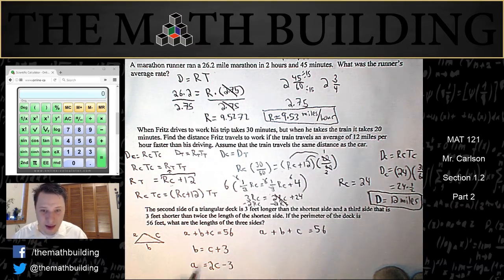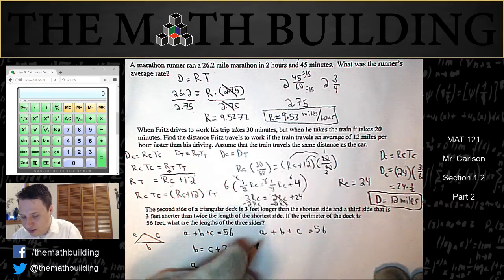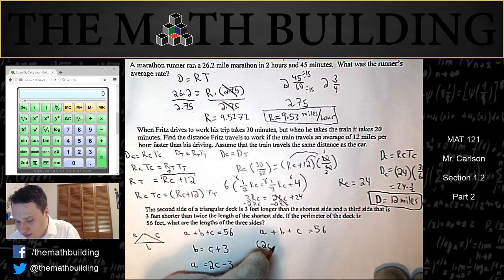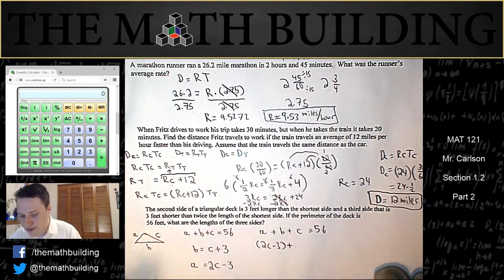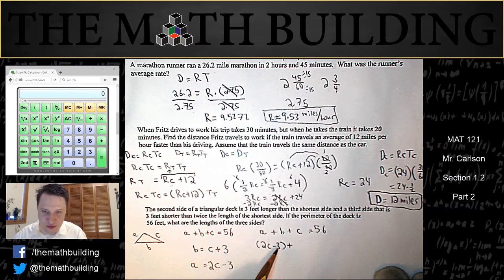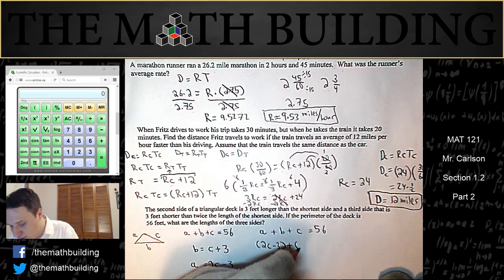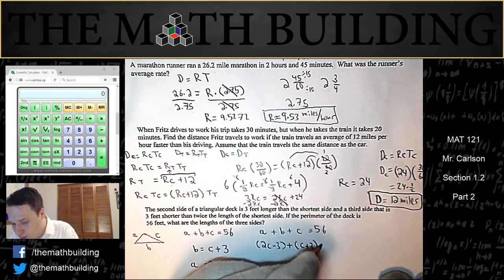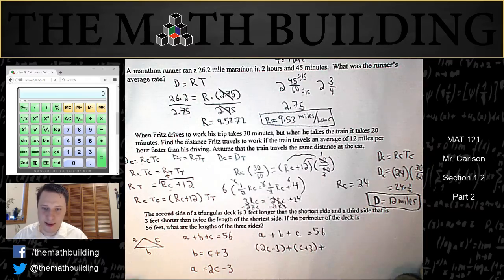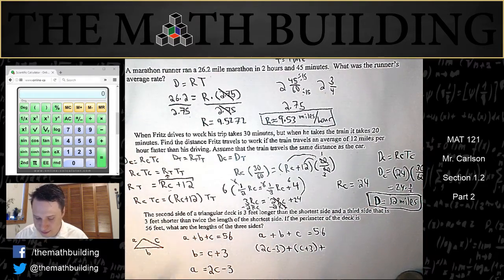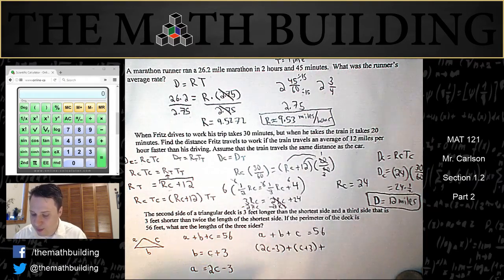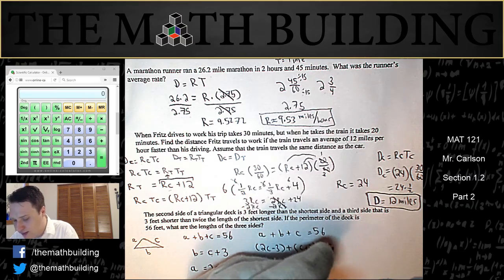A is the same amount as 2C minus 3, so I can replace this A with 2C minus 3. Now what about B? B equals C plus 3. So I can replace B with C plus 3, and I'm putting them in parentheses just to be safe. And then finally, C we can leave alone, because C equals C.